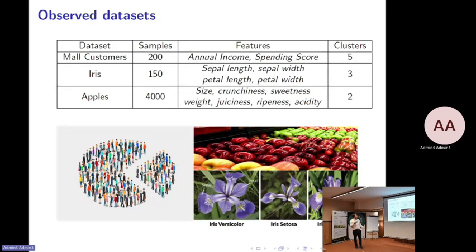And now let's take a look at how this algorithm works on data. Clustering was performed on 3 datasets. Here is some information about the datasets: their observation count, dataset features, and the real number of clusters in each dataset. For illustration we will use only the mall customers dataset because it has only 2 variables, so it will be easier to illustrate clusters in 2 dimensions.